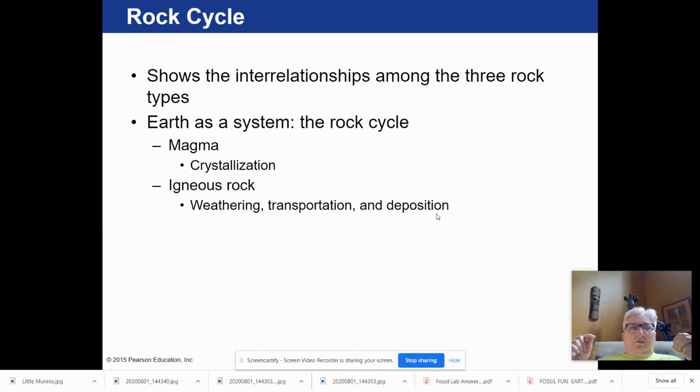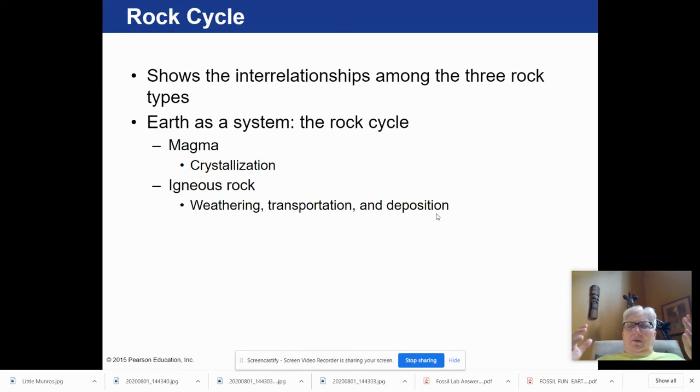One thing to realize is everybody kind of knows what lava is, right? That liquid rock. I just want you to understand that lava and magma are the same thing. The only difference is magma is when that liquid rock is inside the earth, and lava is when the liquid rock exits the earth.